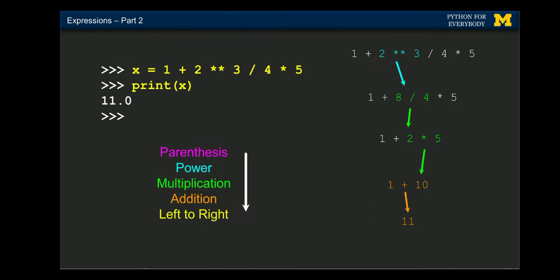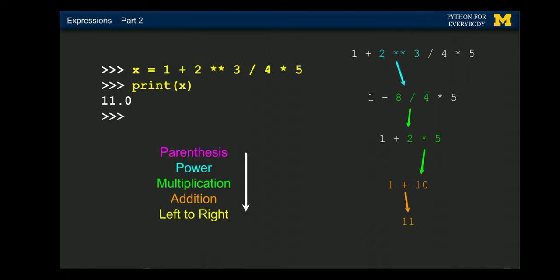So this was the expression we wanted to get the output of: 1 plus 2 star 3 slash 4 star 5. Now what you are going to see here is that parentheses are not here, so we are going to execute the power first. So 2 star 3 is 8 basically, and the expression now becomes 1 plus 8 slash 4 star 5.